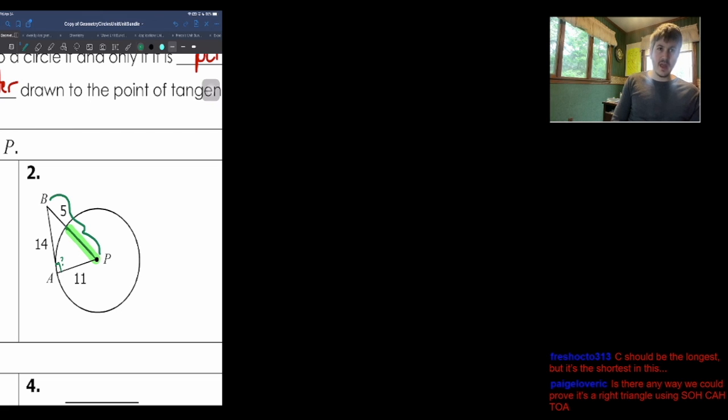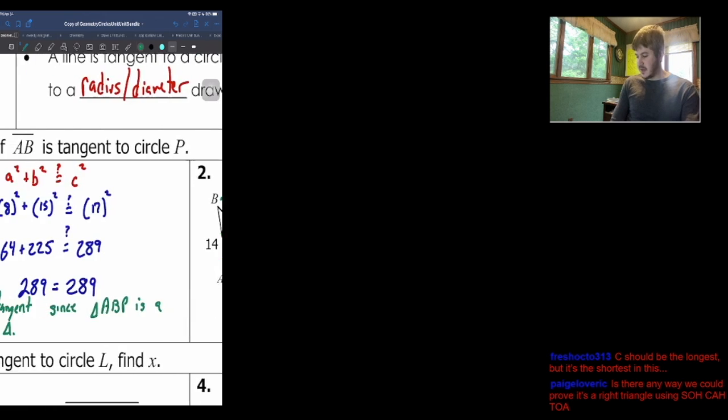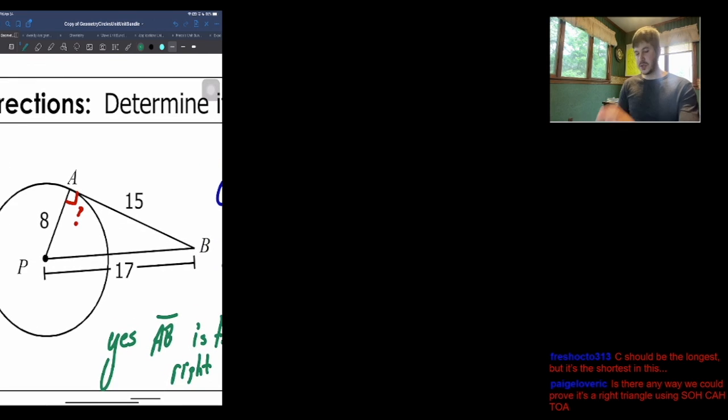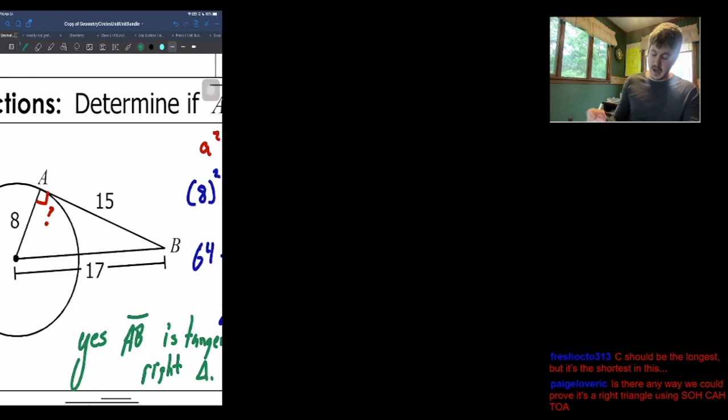You could. They'd have to give you an angle measure, though. Basically, if I'm going to answer Paige's question, if I don't know what these angles are supposed to be, but if they said this was 20 degrees, you probably could use SOHCAHTOA to prove this.